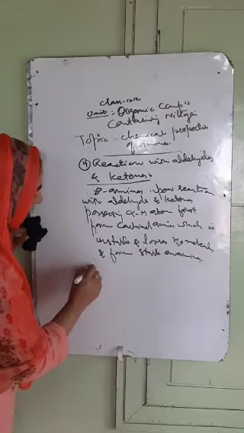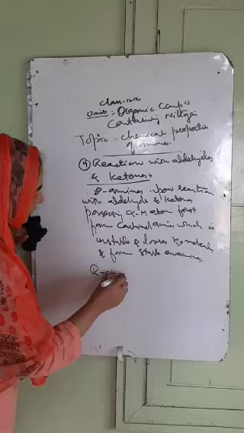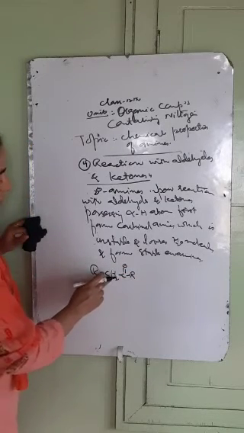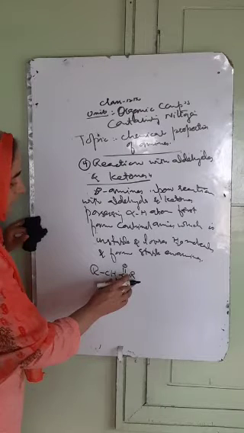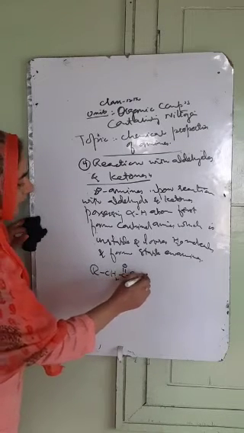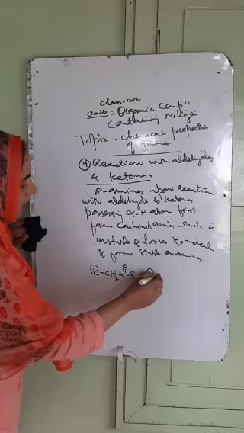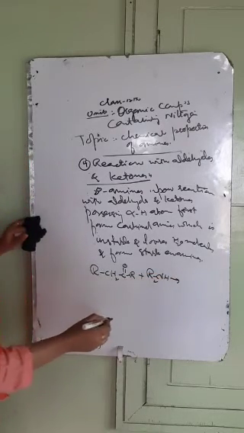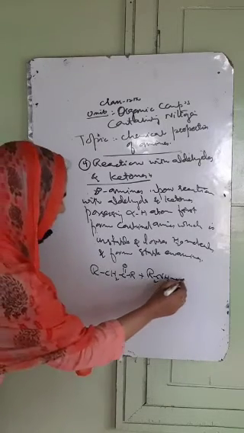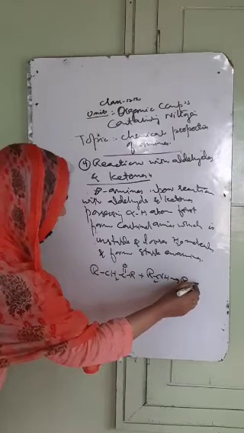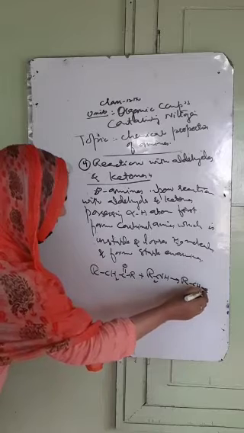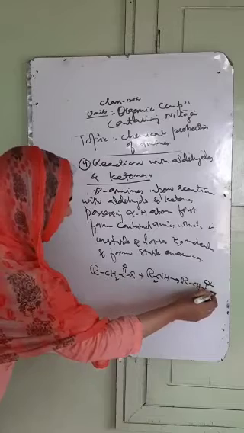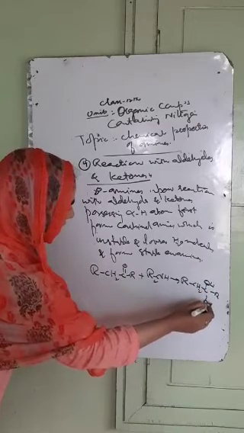We have RCH2 C double bond OR. This is a ketone which possesses the alpha hydrogen atoms. Now it reacts with secondary amine R2NH, and it gives me RCH2C(OH)R and R2N.